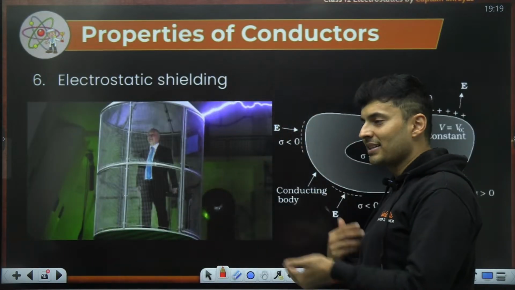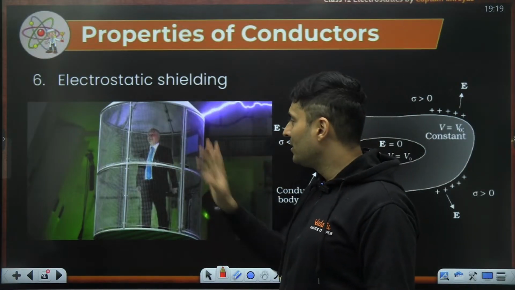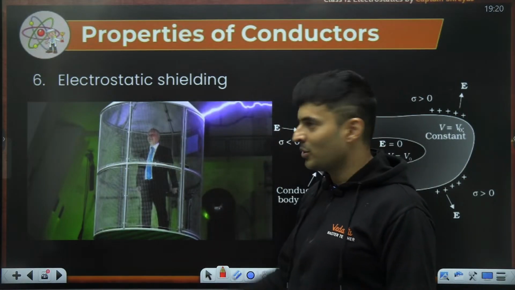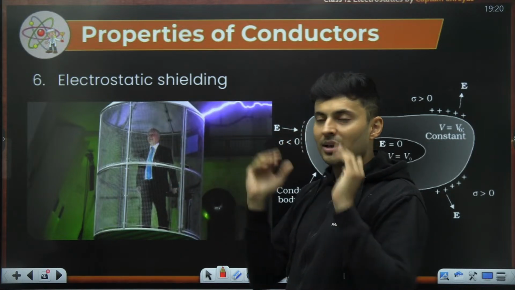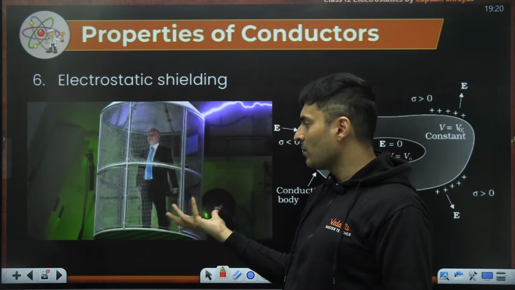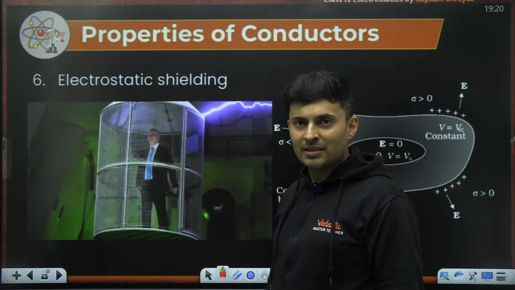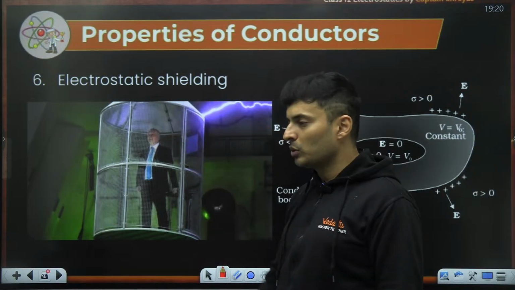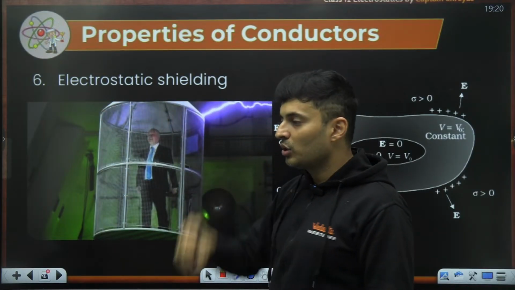Yeah, it also works the other way around, when the charges are coming from outside. I'll just show it to you. This is also called a Faraday's cage. You can see this person is standing inside a net of conductor. This is like a conducting body, and even if lightning strikes that person, that lightning will not go through the person. It will first hit the conductor, it will go around him, but not through him.